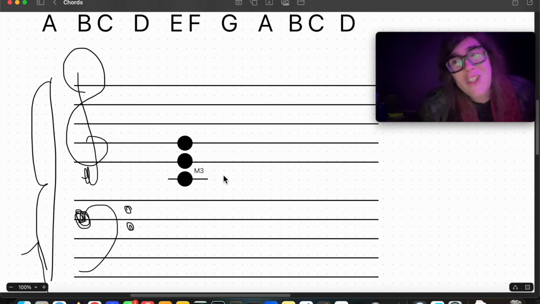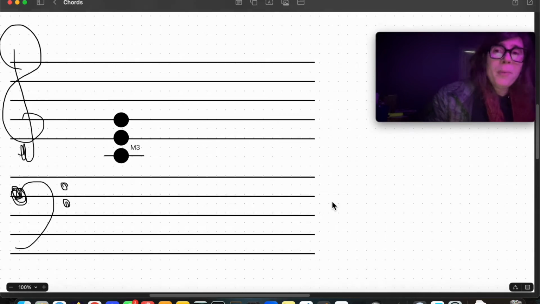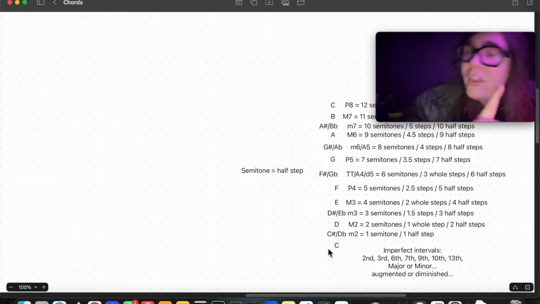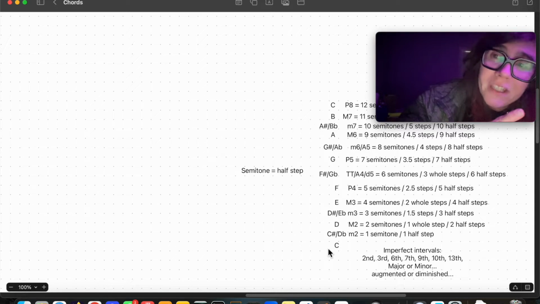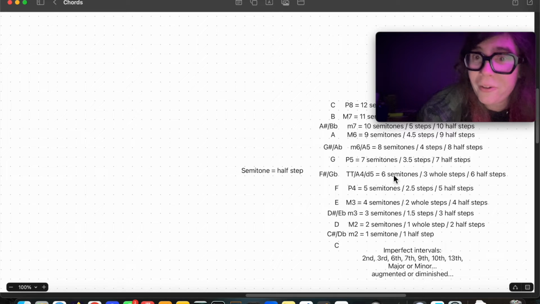But what's E to G? Well, the guide doesn't help us that clearly over here because it's counting from C. But you know what? I think we can figure this out. How many semitones are between E to G? Well, I already have the math here for you.